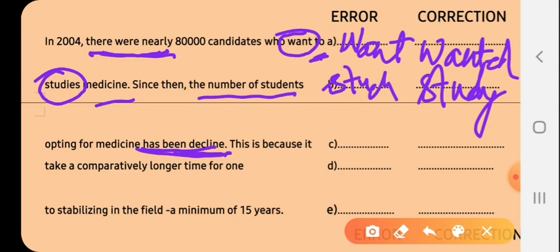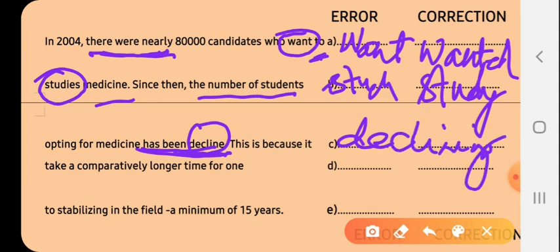Has been declining. With has been, ing form of verb is used. So what is our correction? Decline is our error and correction is declining. I hope this is clear.